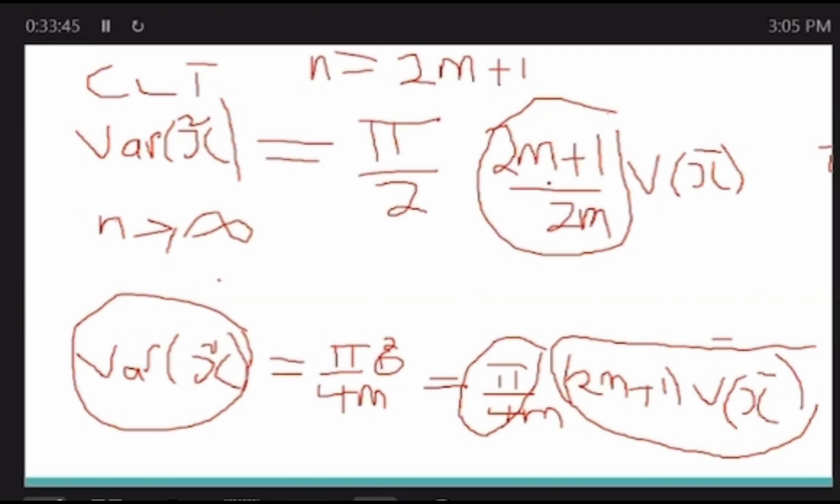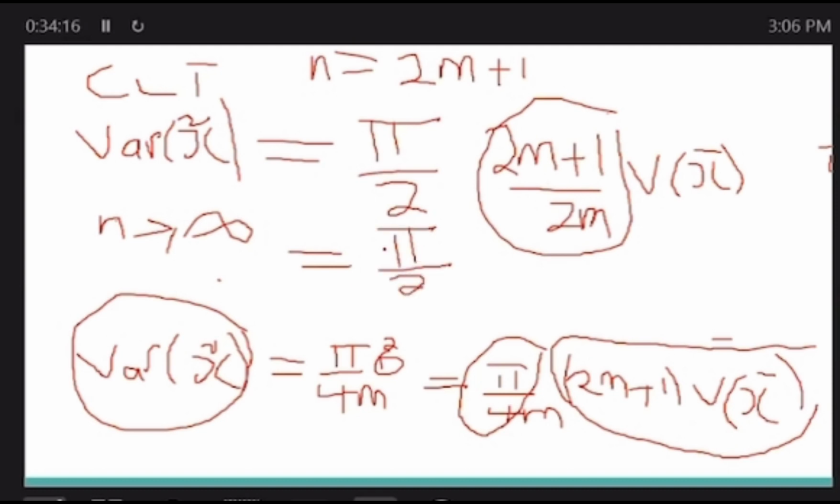It becomes 1, because you divide everything by 2m, and m is a very big number, so where you have m in the ratio it tends to 0. So finally, when the central limit theorem applies, what am I going to have? I'm going to have pi over 2.